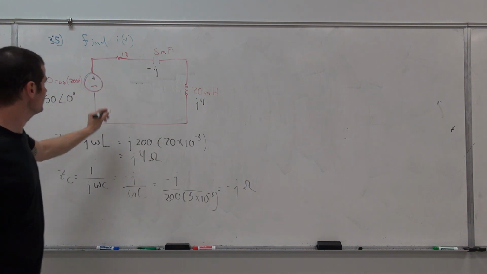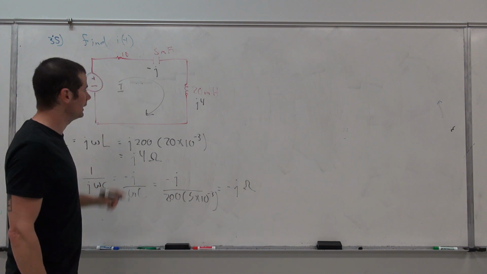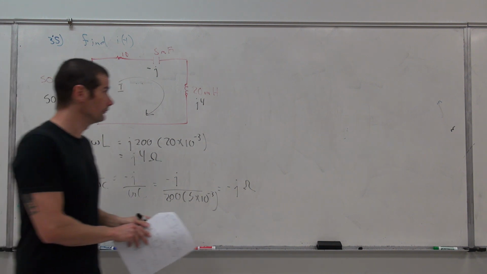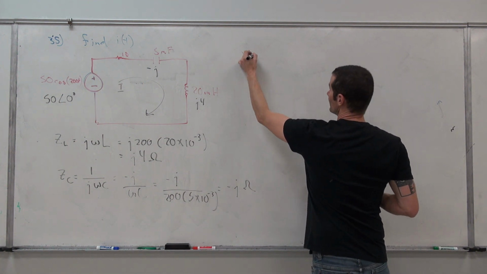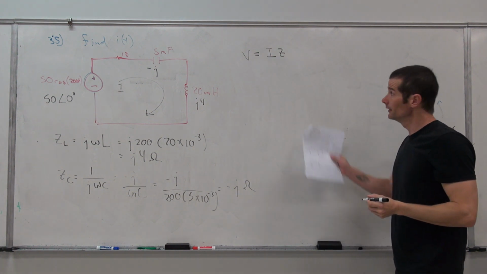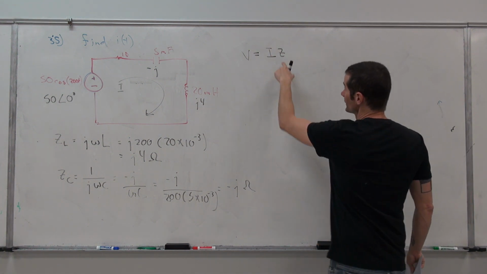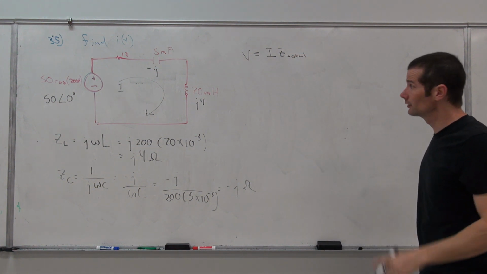So now we can apply KVL in order to find I. Very simply, instead of Ohm's law, we now have V equals IZ. We look at the total or equivalent impedance seen by that source.